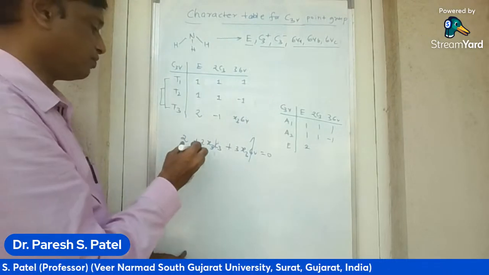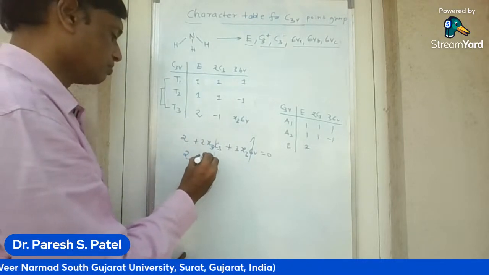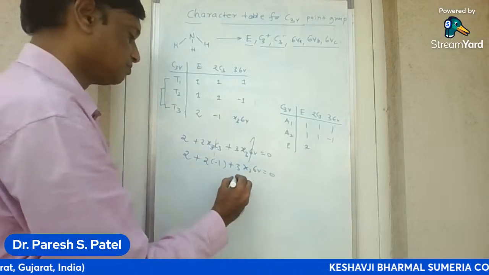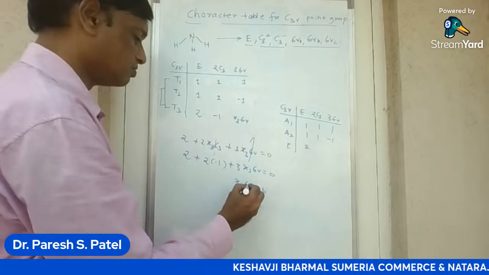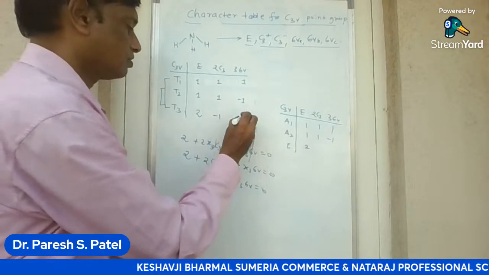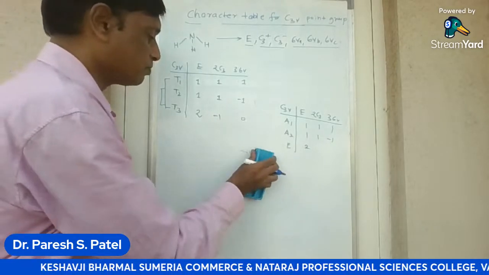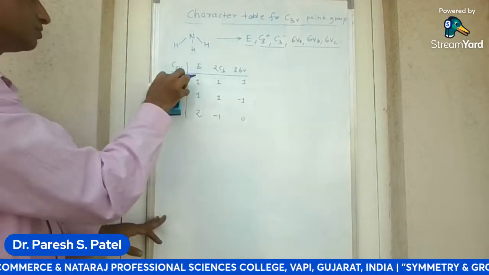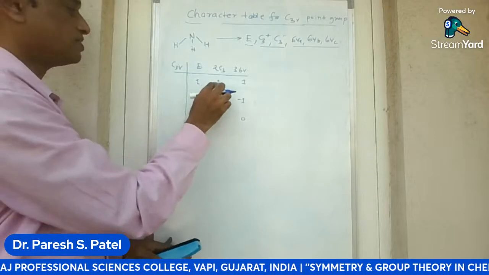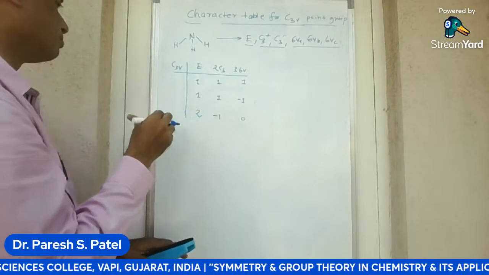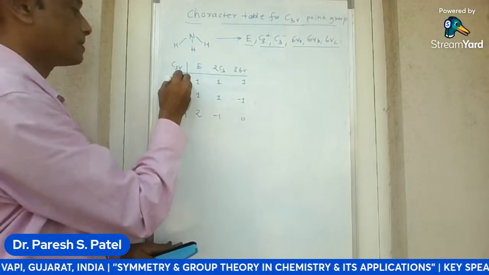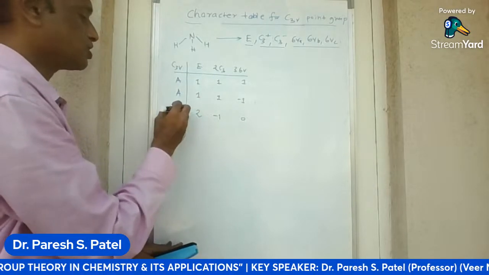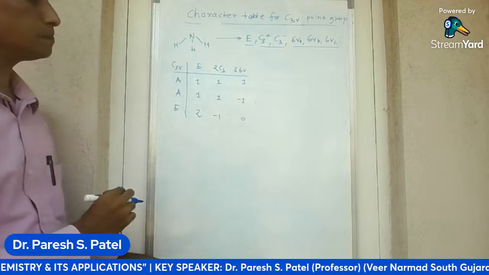Now substitute any value in this equation. 2 plus 2 into minus 1 plus 3 character 3 sigma V is equal to 0. So character 3 sigma V is equal to 0. Now Mulliken symbols. This is one dimensional, so A or B can be used, but the value of plus 1 means A. This is also A. This is two dimensional, so E can be used.